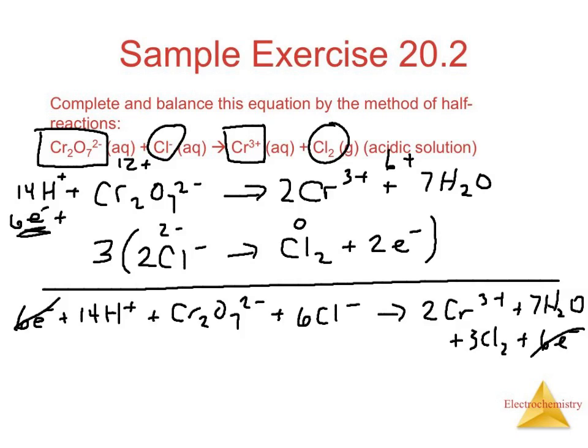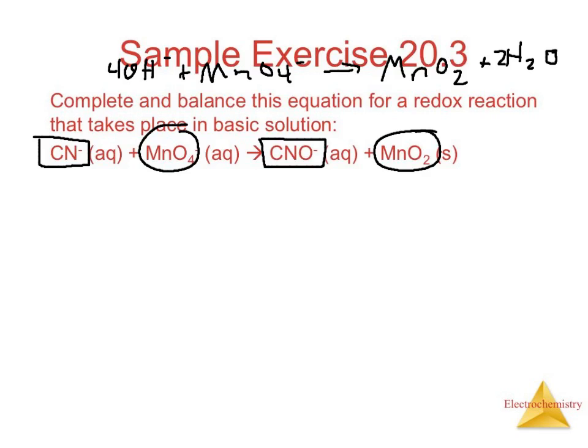So the Cr2O7 2- is the one that's gaining electrons, so that's the one that's being reduced. So that's the reduction part of the reaction. The one that's losing electrons is the one that has the electrons on the product side, so that's the Cl-, that's the one that's being oxidized, LEO, lose electrons oxidation. Okay, so you can look at it at the end and figure it out. You don't have to worry about it at the beginning.